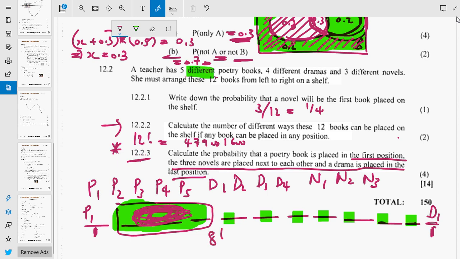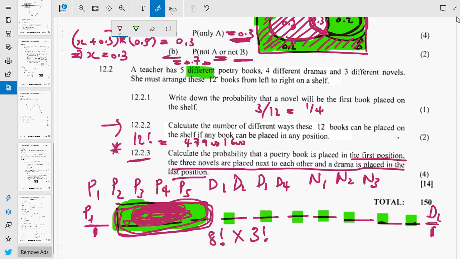So I'm going to have 8 factorial multiplied by the 3 grouped novel books, which can also be shuffled around inside this group. So I'm going to have 3 factorial then. But this answer is only true if I have P1 at the beginning and D1 at the end.